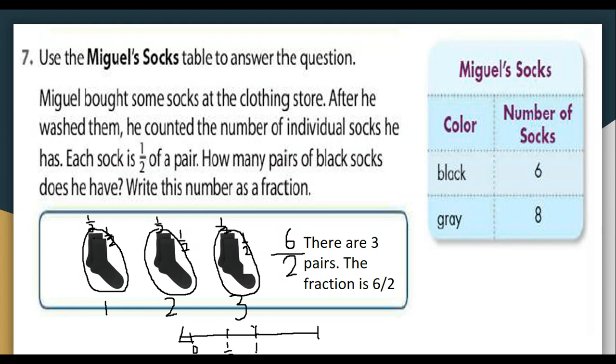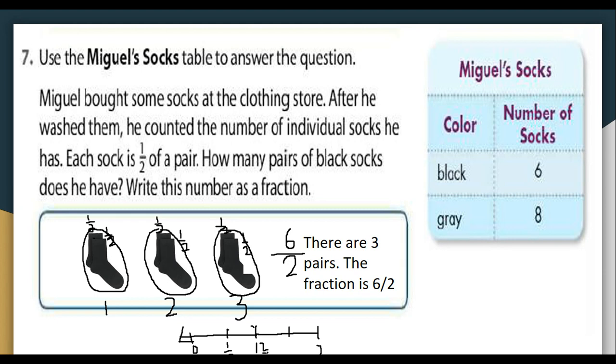So if we have 1 whole, what would this represent? Well, now this will represent 2, our 2 pairs. And each sock, again, equals a half. So then this is 2 wholes.